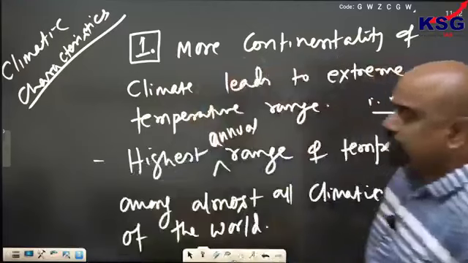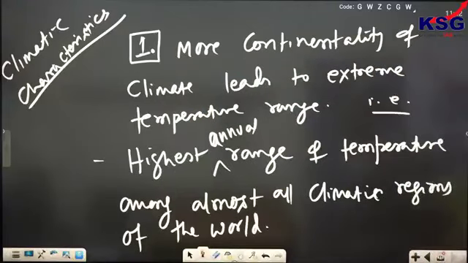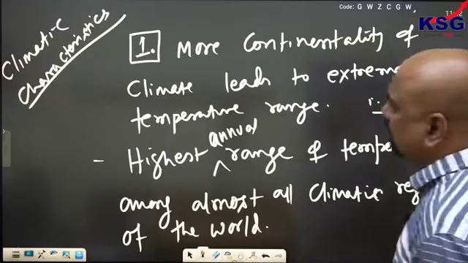Again I am saying, more continentality of climate leads to extreme temperature range, highest annual range of temperature among almost all climatic regions of the world. Here you will find out.